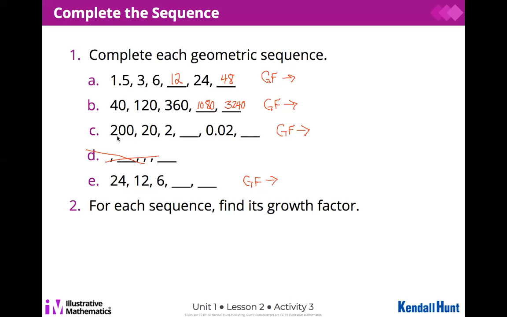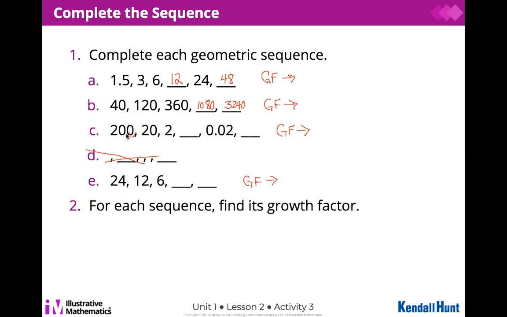All right, now C is going the other direction. It's getting smaller. But what I like about this is it's like we're taking zeros away. Starts at 200. Then we take a 0 away, we're at 20. Take another 0 away, we're at 2. Or another way to look at it is we're moving the decimal place 1 place to the left every time.